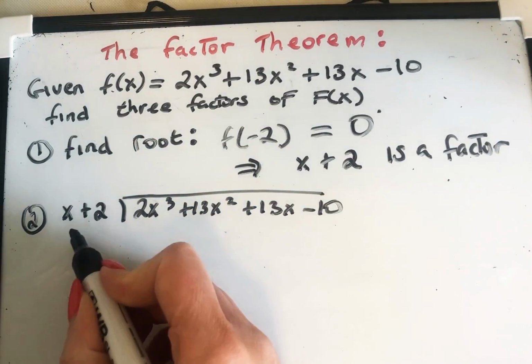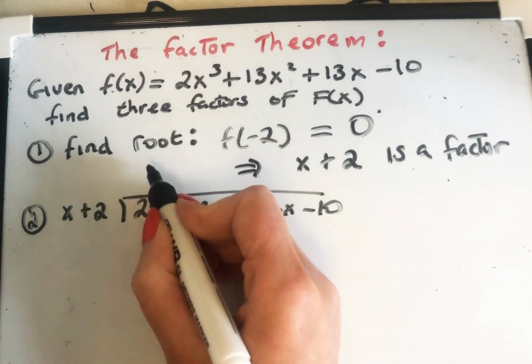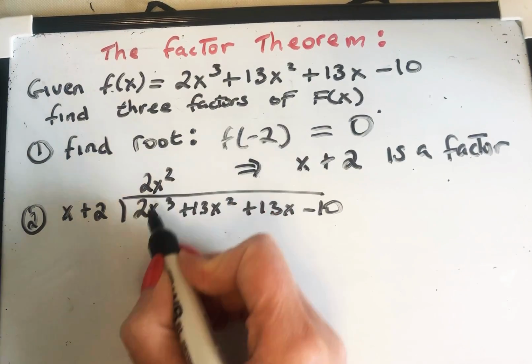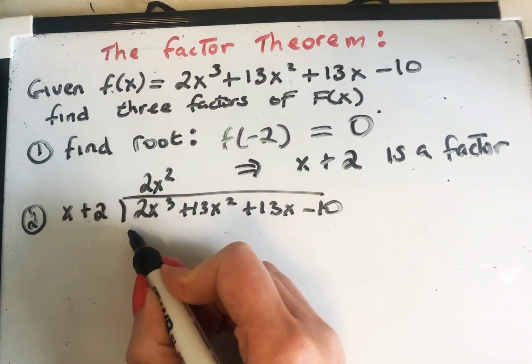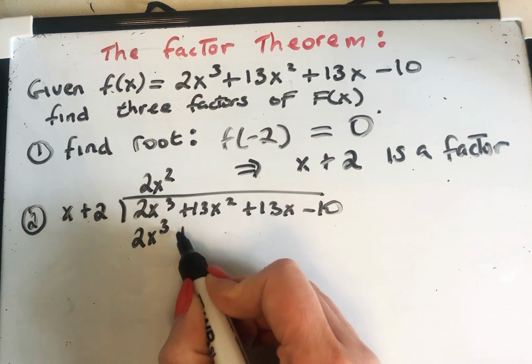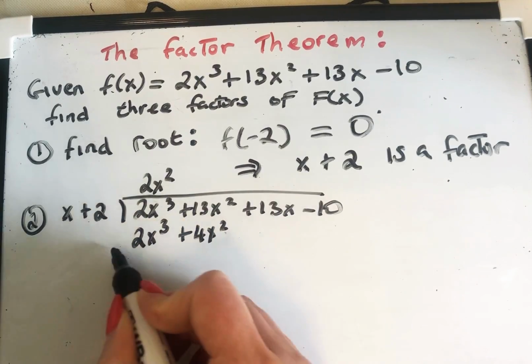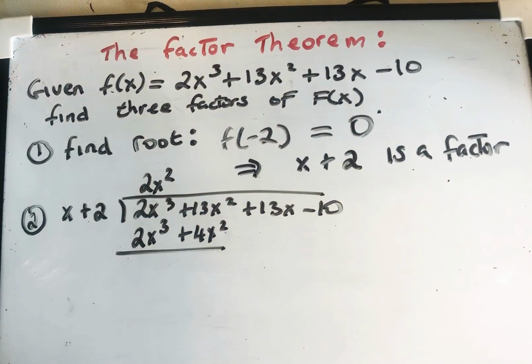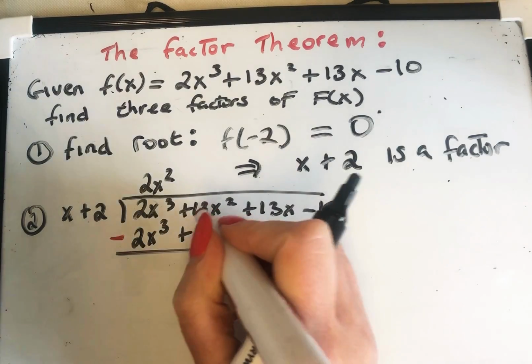So here we go. x divides into 2x cubed, 2x squared times. 2x squared by x is 2x cubed, 2x squared by 2 is 4x squared. Line across and we change to the opposite sign, so negative and negative.